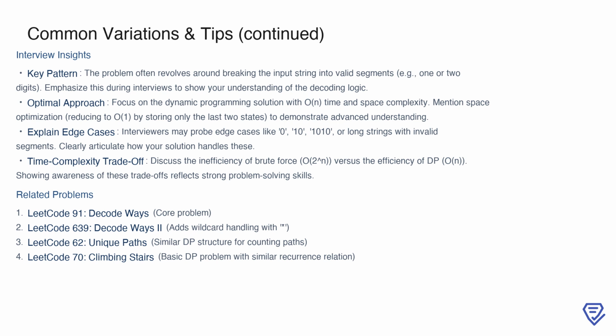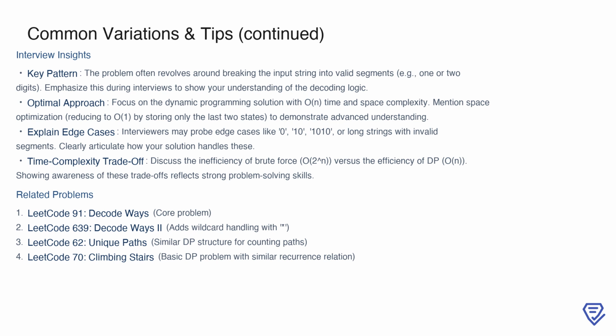If you're aiming to impress, mention space optimization techniques that reduce the space complexity to O(1) by storing only the last two states. Don't forget to address edge cases, as interviewers often test scenarios like 0, 10, or long strings with invalid segments. Being able to articulate how your solution handles these edge cases will set you apart.